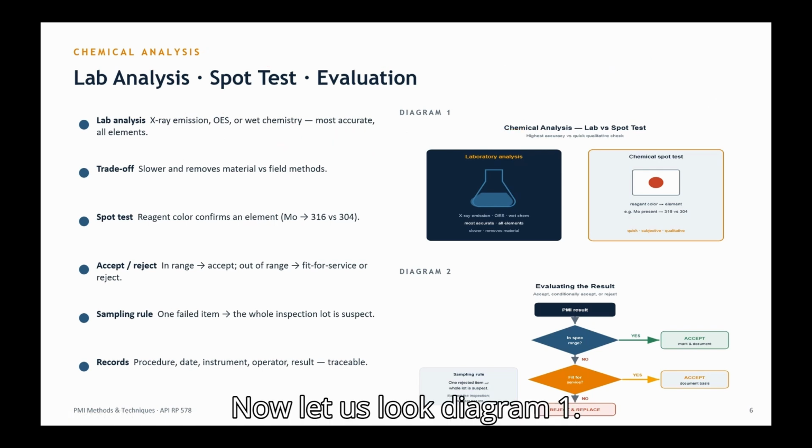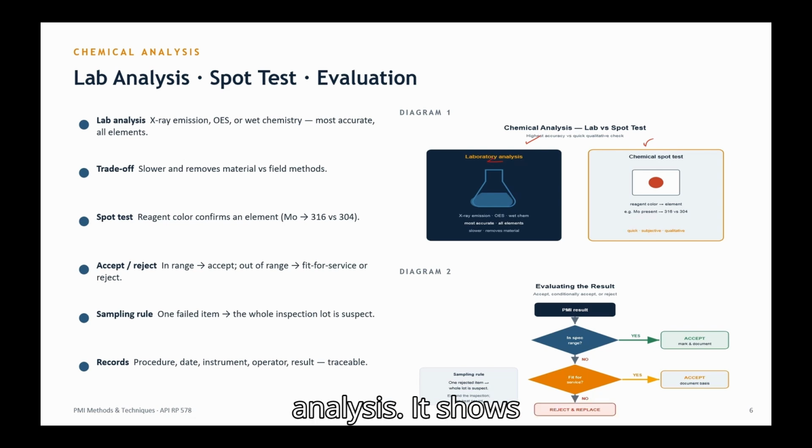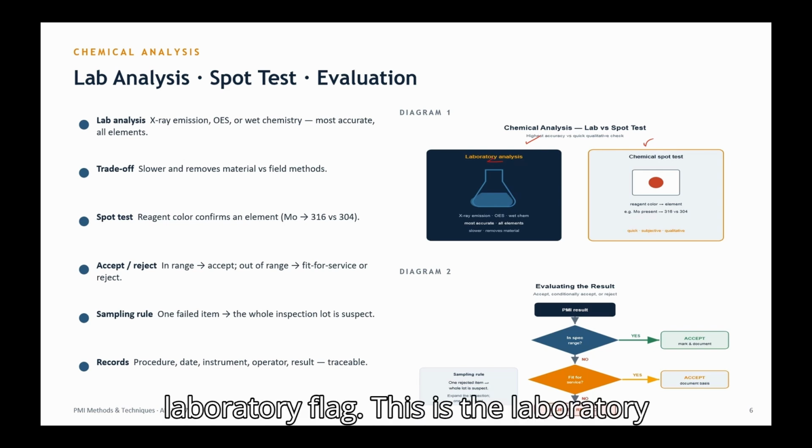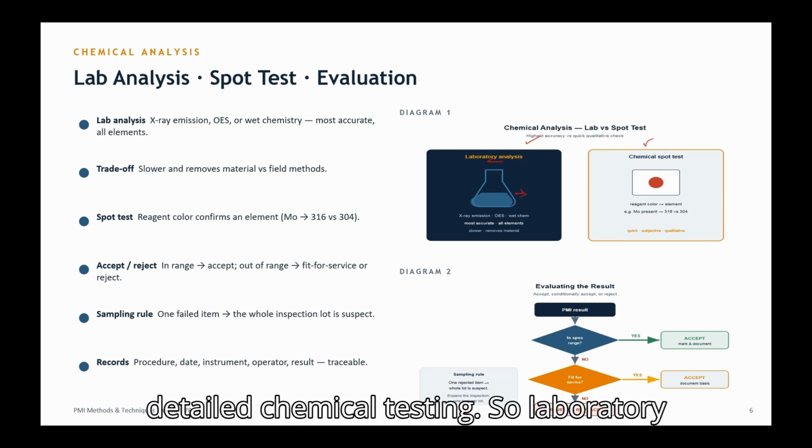Now let us look at diagram 1. This diagram compares lab analysis and chemical spot test. On the left side, we have laboratory analysis. This is the laboratory flask, which represents detailed chemical testing.